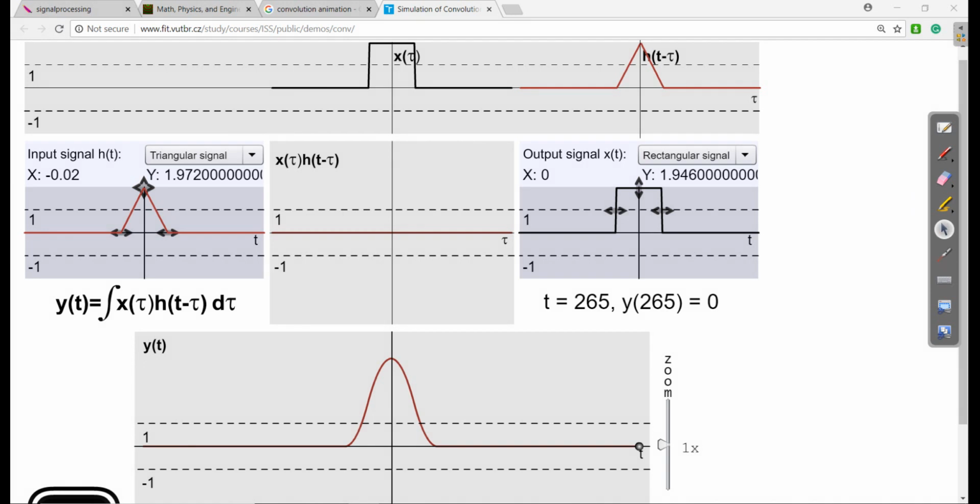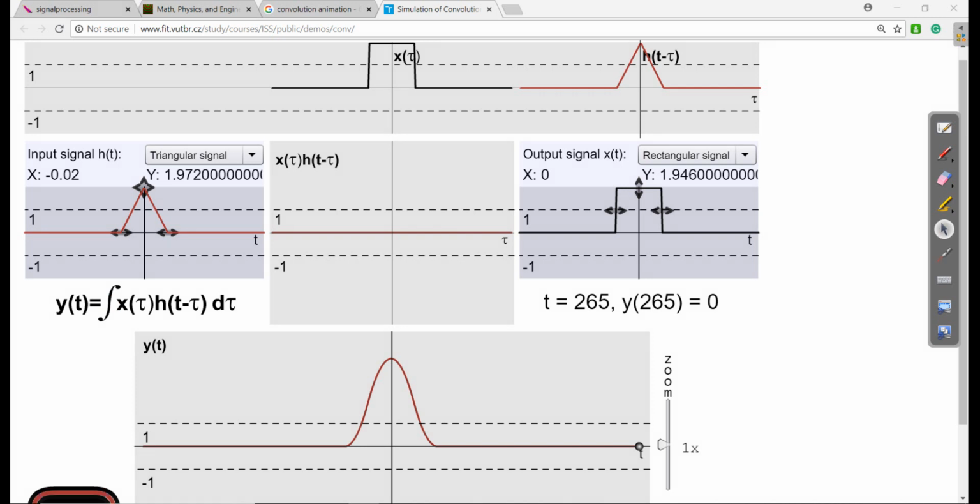Now we try to drag or shift this signal, just because in our formula we have this shift by an amount of t. So we need to shift it towards right, all the way from minus infinity to infinity, from left to right. Meanwhile, we also need to multiply both of the signals x and h, and we need to calculate the resultant sum or integration.